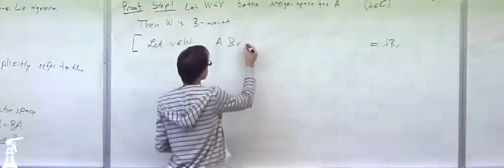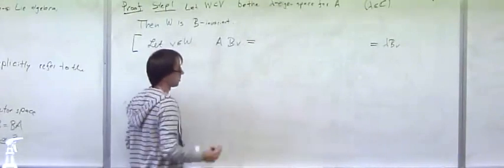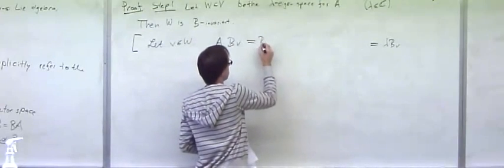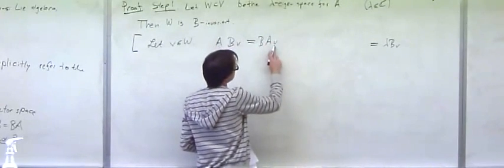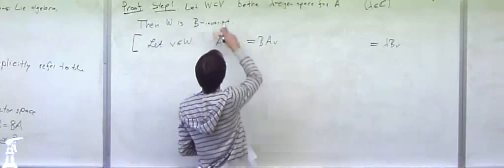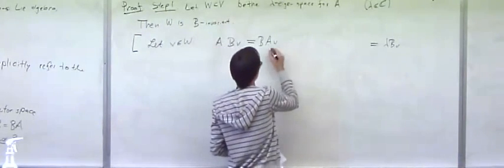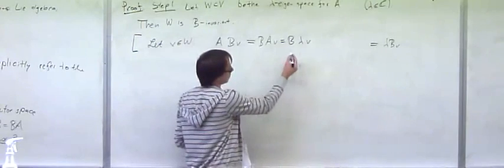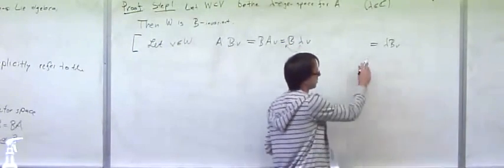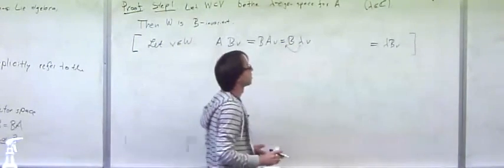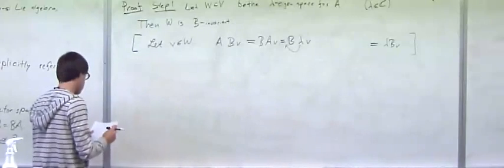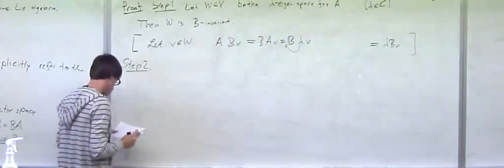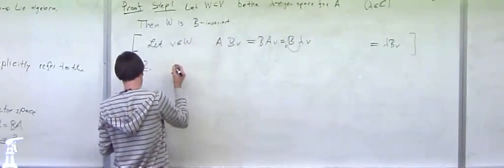As I suppose that they commute, I write BAV. V is an eigenvector because V was in W. So this is just B lambda V, and now lambda is just a scalar, so I can take it out. Okay, so this was the easier part. And for step 2, it's the following.